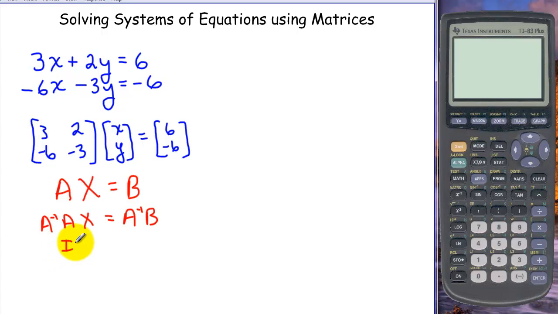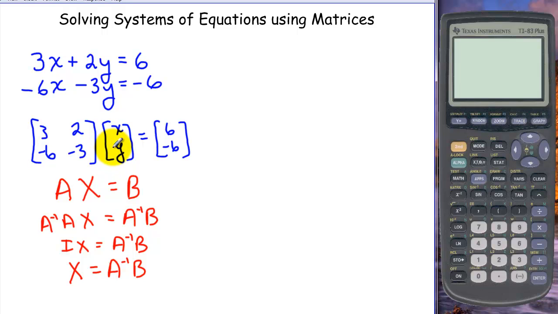This gives us the identity matrix, and over here we haven't computed what that is yet. We'll do that in a minute. And the identity matrix times X gives us the X matrix, which is going to be a column matrix with the variables x and y in the entries.